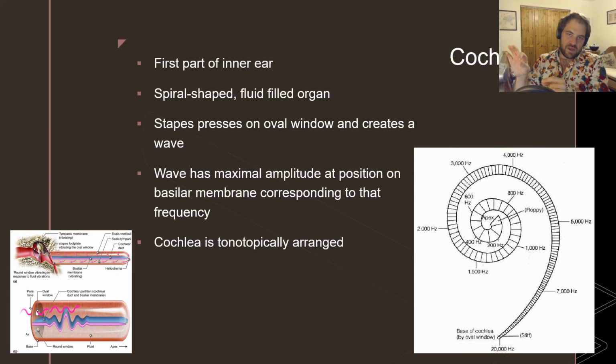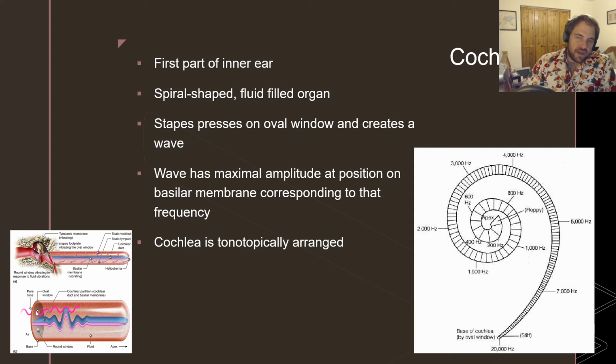Then the fluid wave is going to deflect the basilar membrane, this membranous portion right here in the center. So it's going to deflect maximally at a place corresponding to 400 hertz. It sets up this standing wave right there, and it just keeps being deflected at 400 hertz.